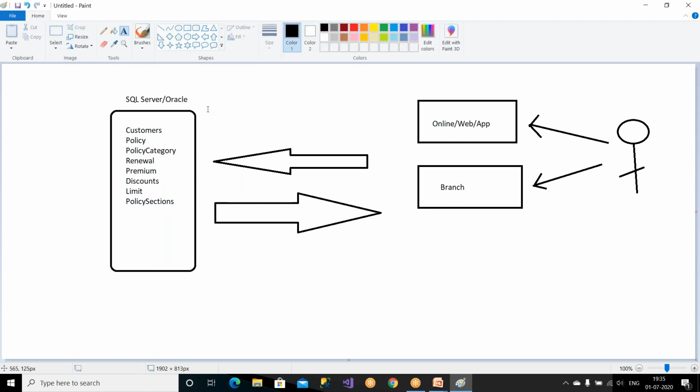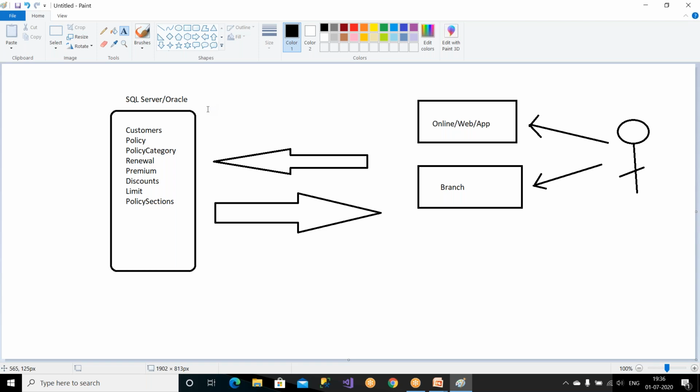Clear? So people would ask you, what type of data are you storing in the server? You can tell them: policy ID, name of the policy holder, name of the policy, and what is the coverage amount. What is the policy start date? What is the policy end date? When did you renew it? Who are the family members under this policy?